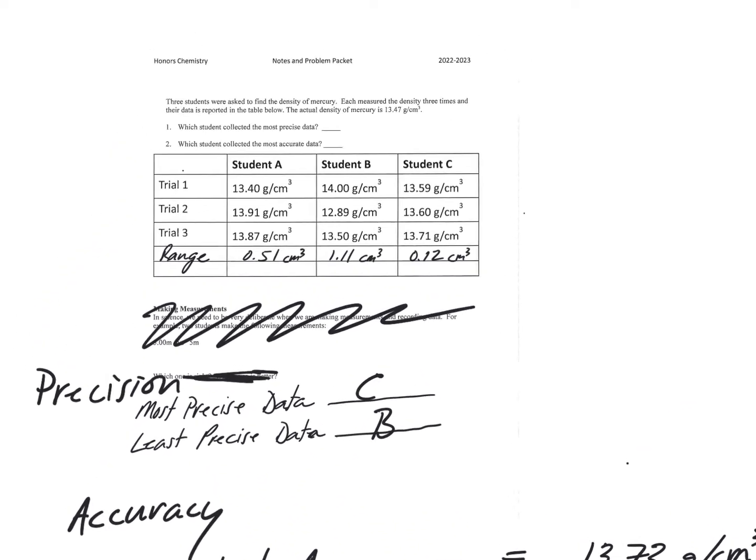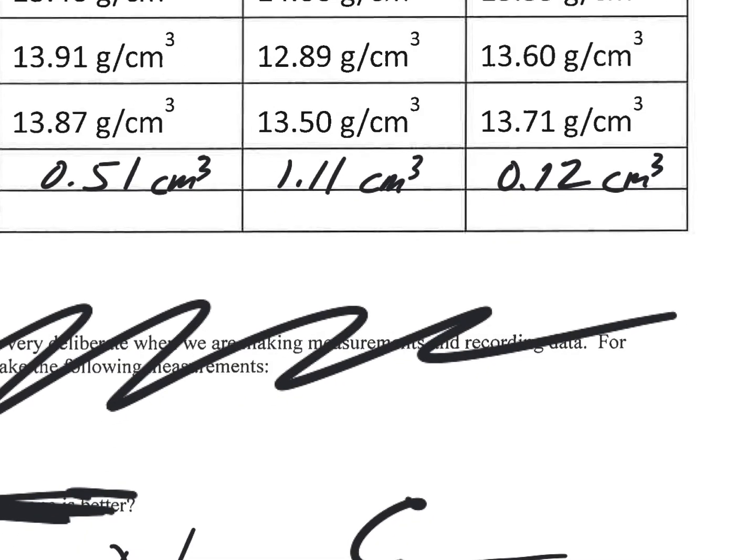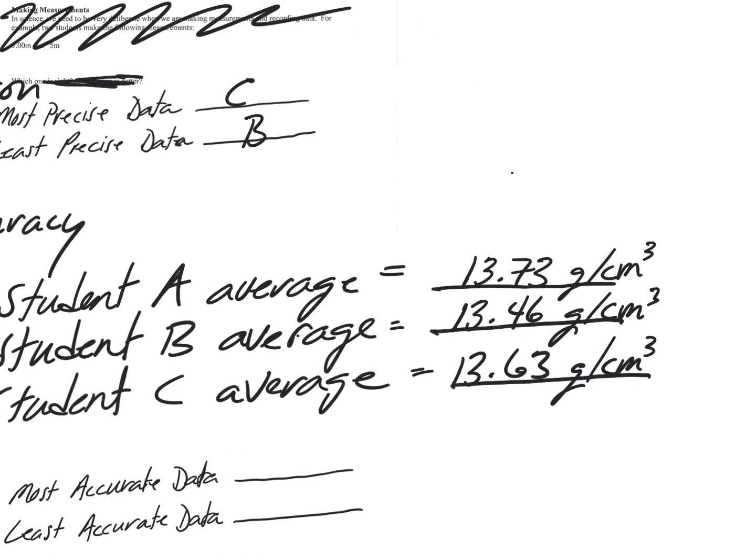Okay, now looking back at the problem, the actual density of mercury is 13.47. So I'm going to make a little note. Sorry, I meant to say the actual density is 13.47 grams per cubic centimeter.